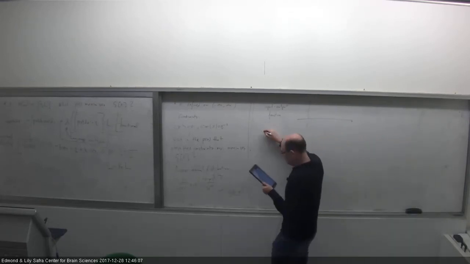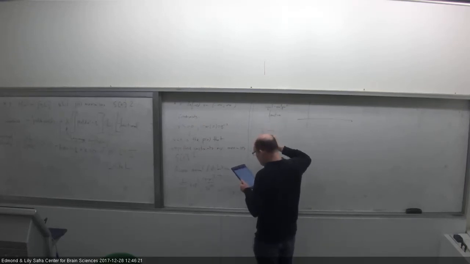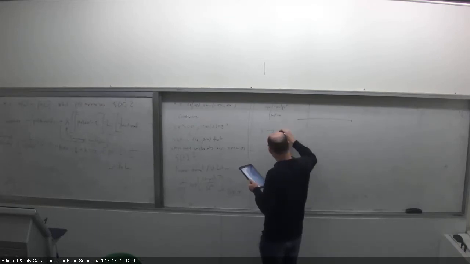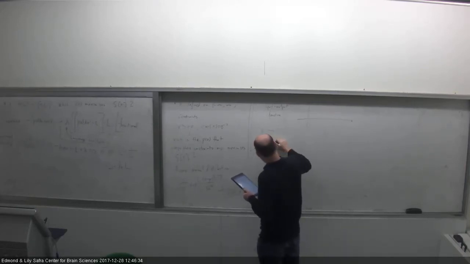So our input, for now, will be a bit more abstract. The input is X, but it could be, say, the light intensity. And what the neuron does is generate out of it some output, which I will call R. And so this is the input, and this is the output.